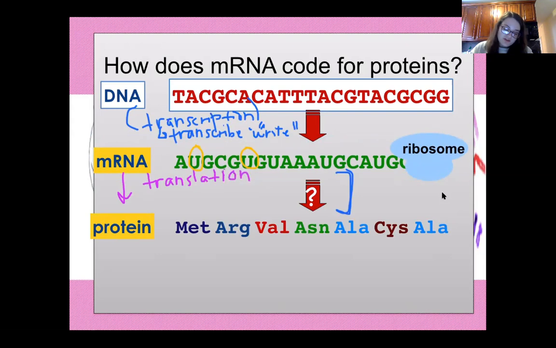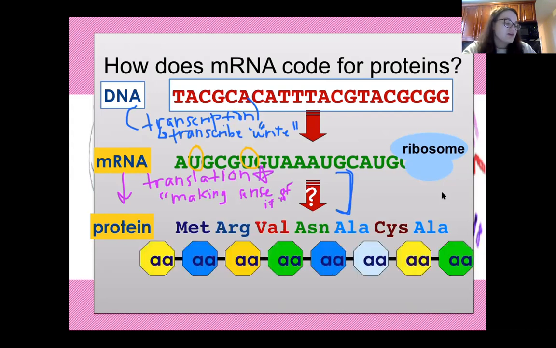When we talk about translating something, we're essentially making sense of it. So somehow, this ribosome reads the mRNA sequence and turns it into protein, and that process is called translation.